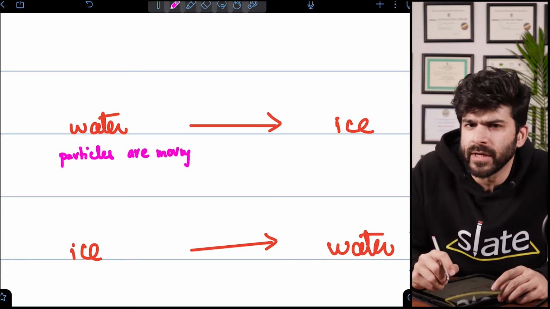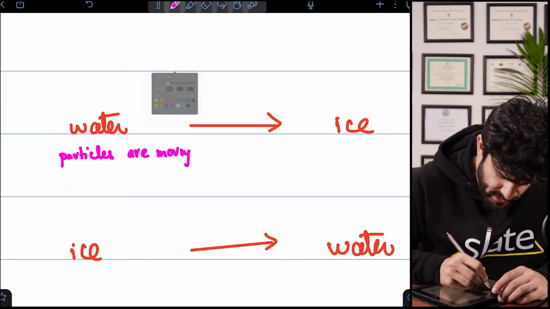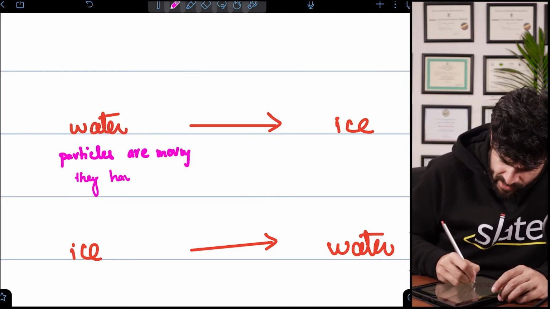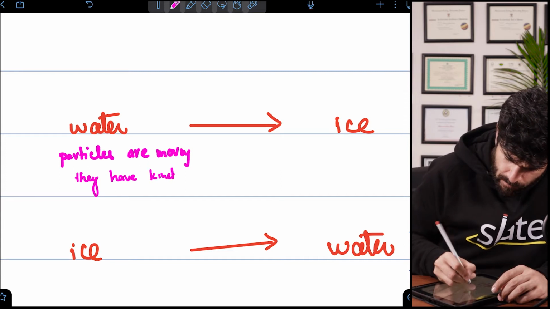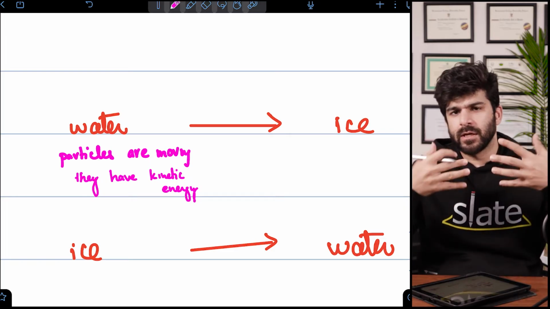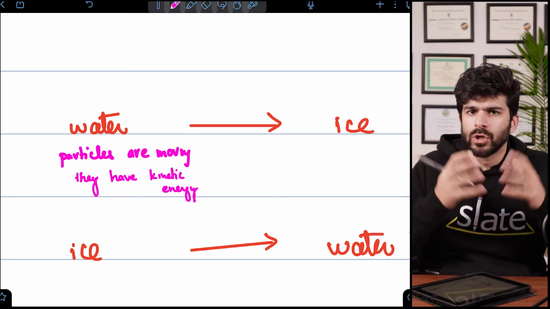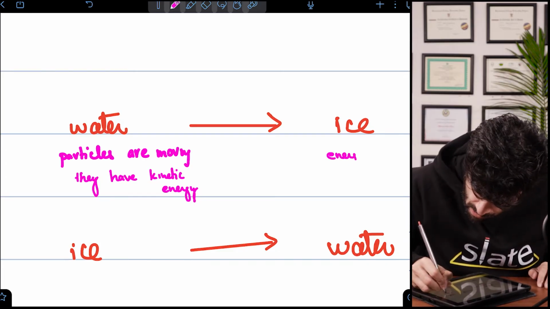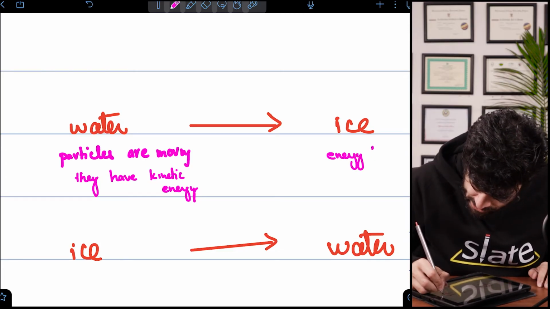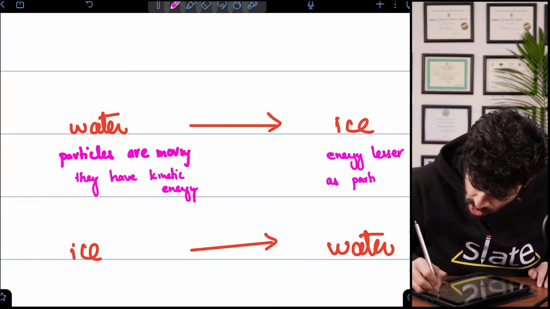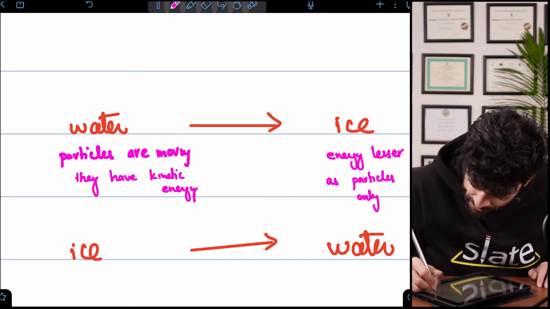If the particles are moving, which means they have kinetic energy. But in the case of ice, they are in a fixed position. So the energy is lost, right? Energy is lesser as particles only vibrate.